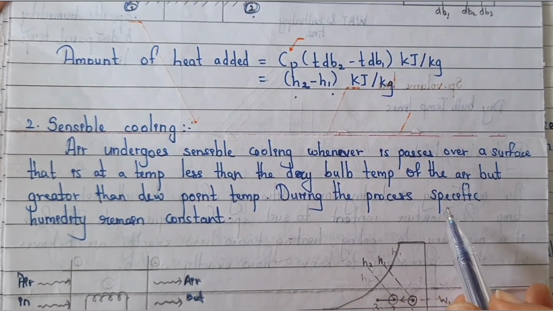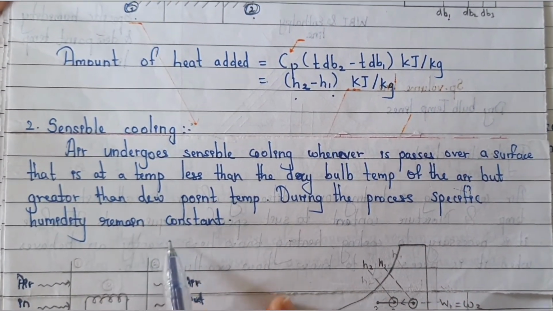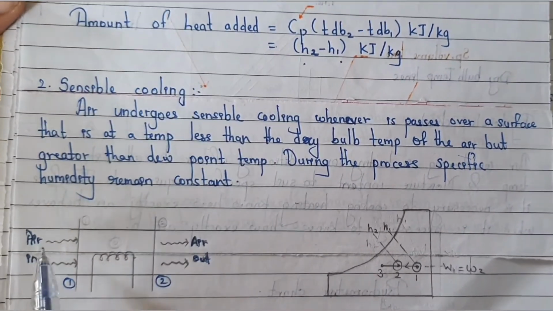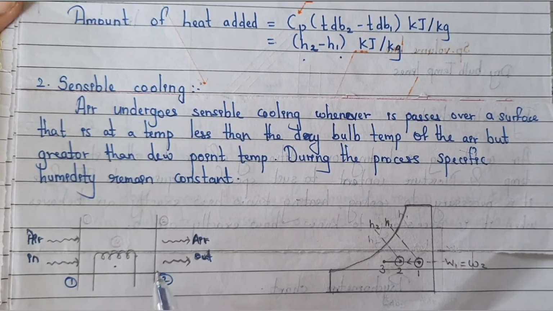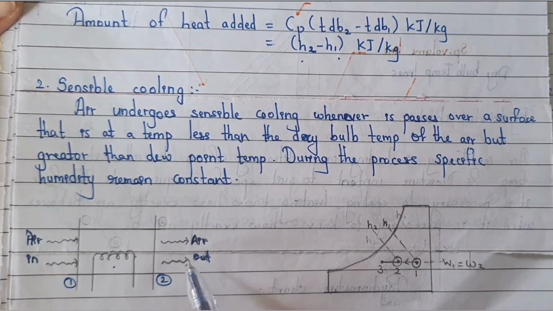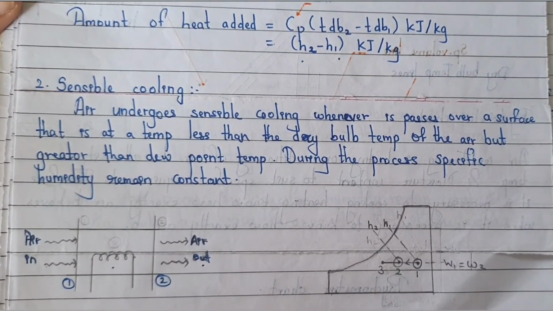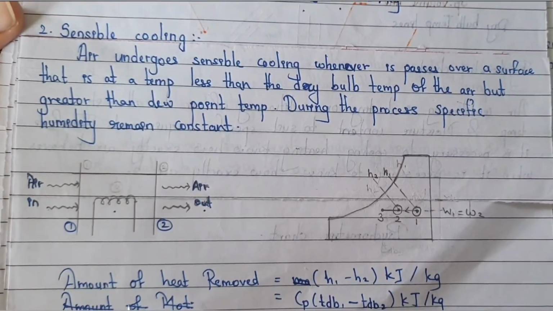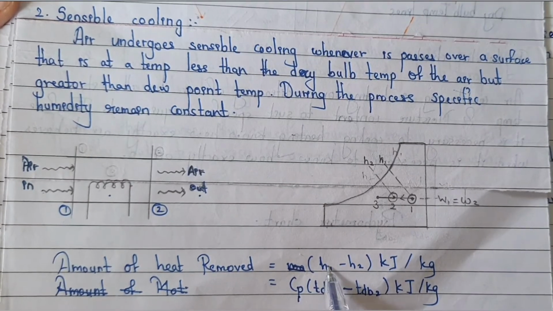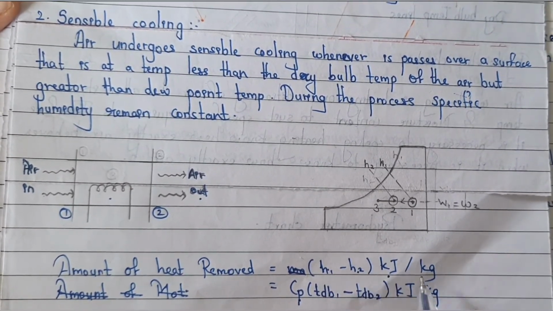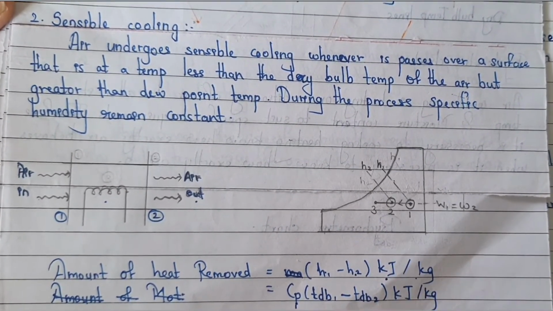During the process, specific humidity remains constant. Simply here also air is entering, but here the temperature is less as compared to inlet, and after air outlet the temperature is low, and mathematically the amount of heat removed is equal to H1 minus H2 kilojoule per kg, and here the graph is shown.